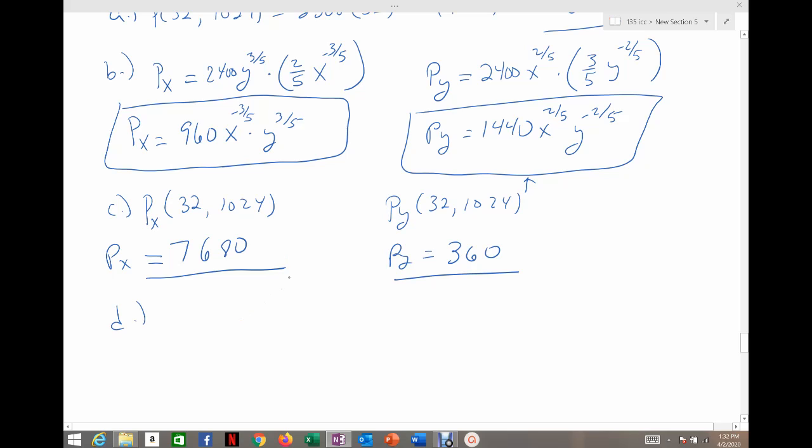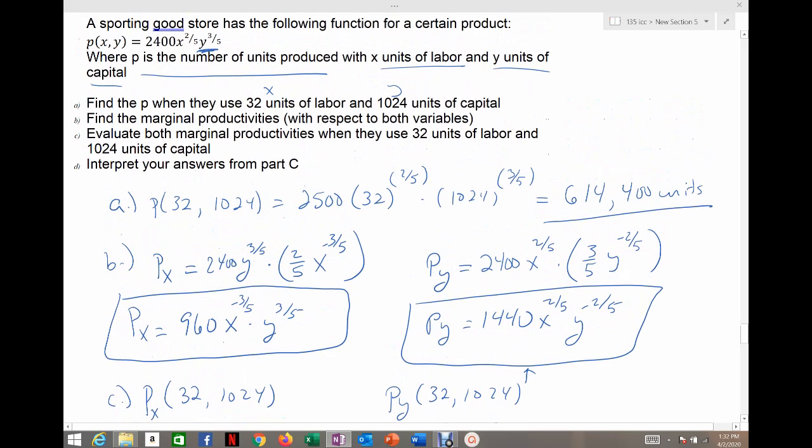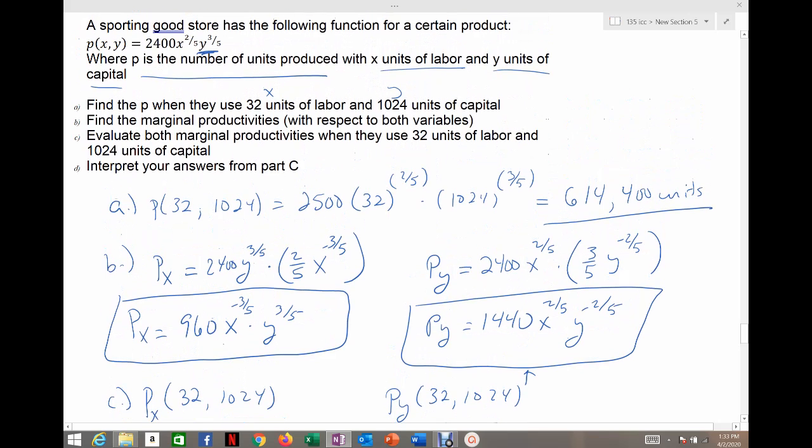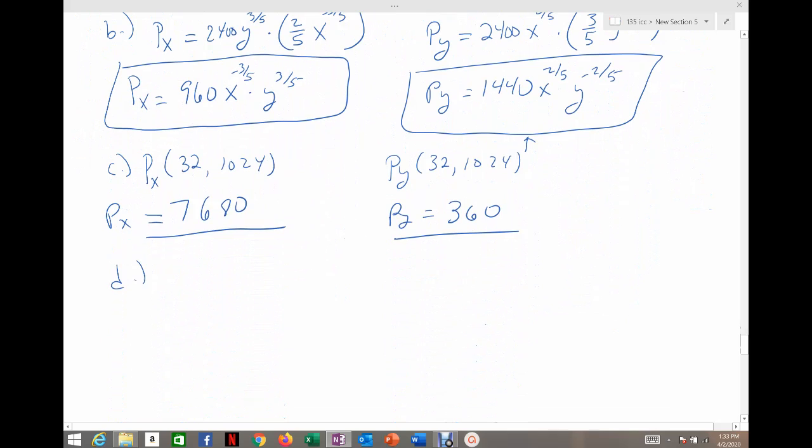So there's two interpretations. So I'm going to start with the x interpretation, and then I'm going to end with the y interpretation. All right, so the productivity, what's changing, what's being held constant, and how is it affecting my overall function? So x is changing, x represents the labor, y represents the capital. Just remind myself what they represent.